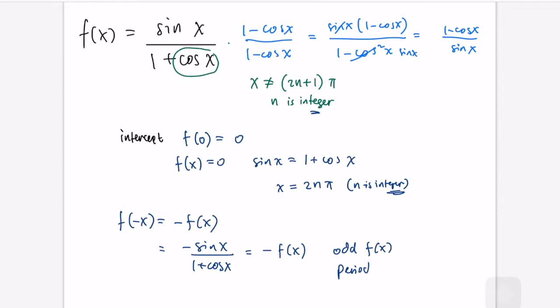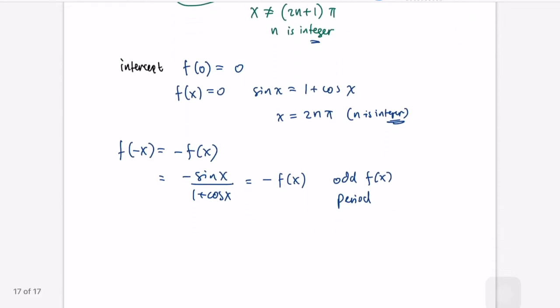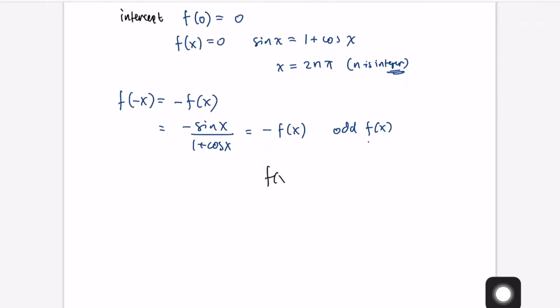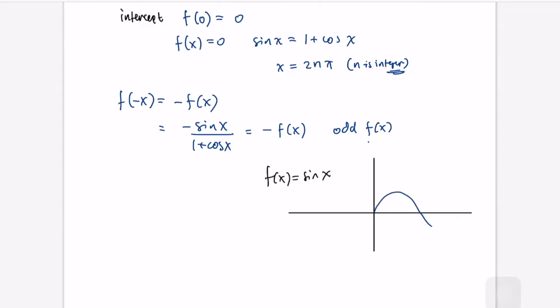Okay, maybe this is my short explanation on the trigonometric, because if you have sine x, you will have a period. You will see maybe from 0 to 2 pi, one period. But eventually, every 2 pi, it will have the same graph, and then you can continue that to every 2 pi.